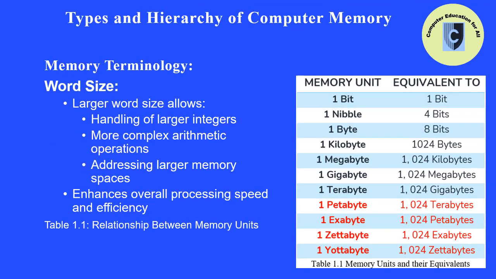In the future, memories will also be available in petabyte, PB, and exabyte, EB, as indicated in red color in Table 1.1.